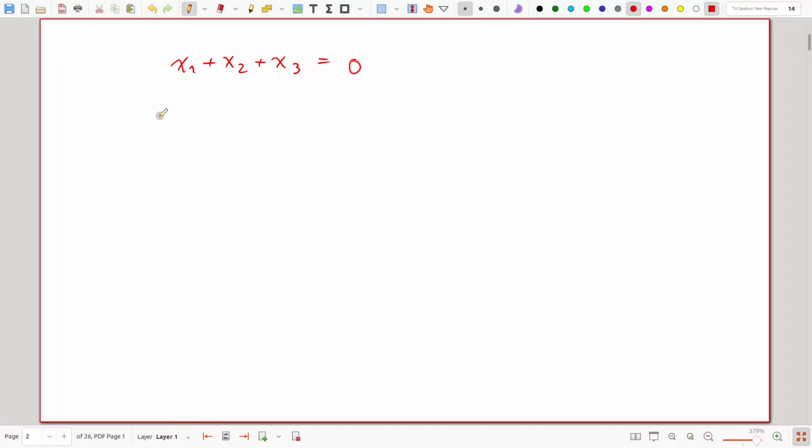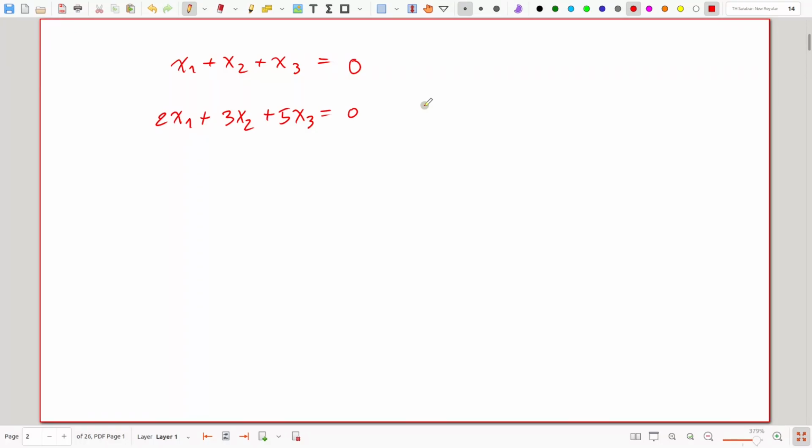And then I also have this equation: 2x1 plus 3x2 plus 5x3 equals 0. Suppose I only have the first equation. By having another equation, I give more constraints to my solutions.